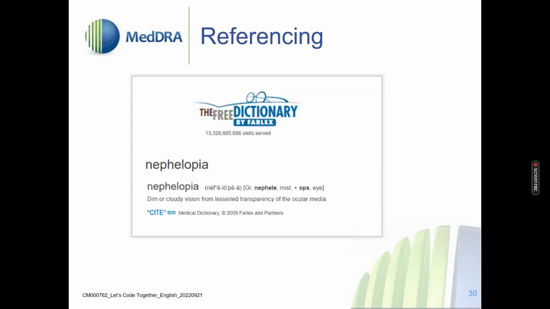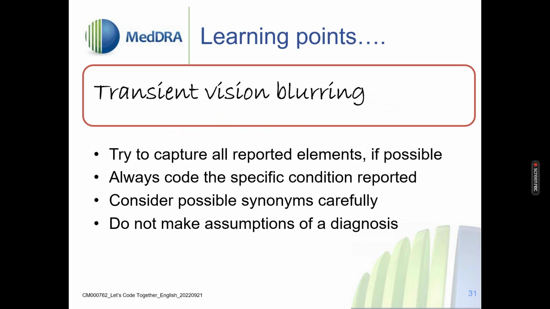And it says that it's dim or cloudy vision from lessened transparency of the ocular media. So it is a cloudiness or blurriness. So based on the referencing that we've been able to do, and the fact that it's an LLT under the PT of blurred vision or vision blurred, that is what I would choose.